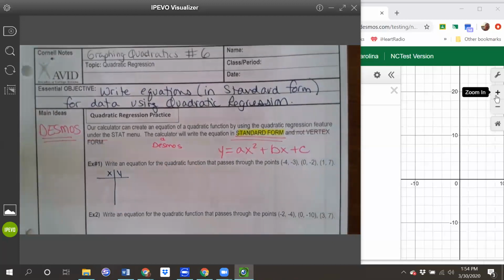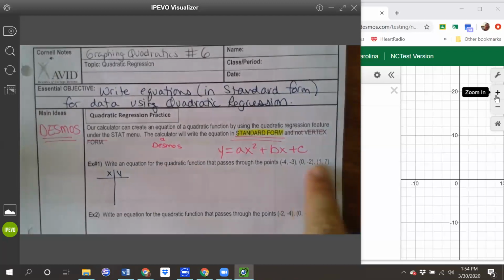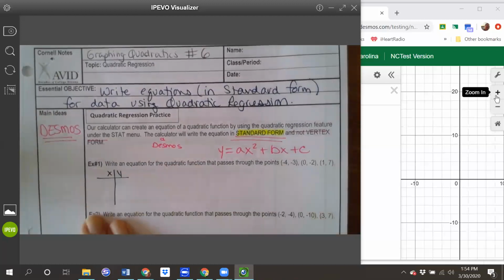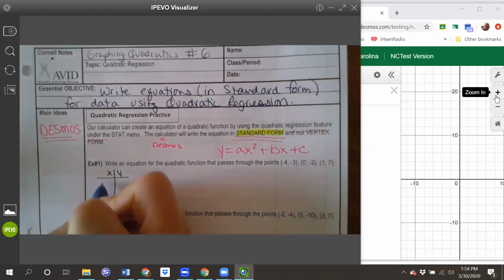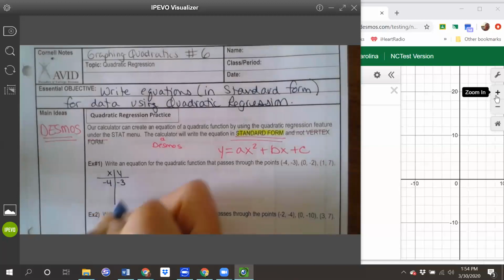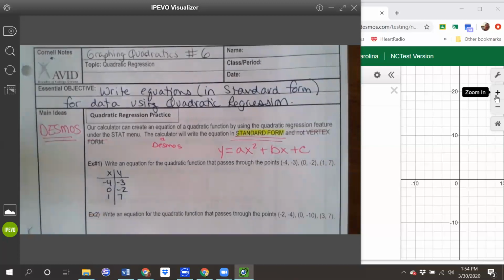Desmos uses a table of values, so instead of coordinates, I'm going to set it up in table form, and it'll be much easier to get things into the correct spot. So -4, -3, 0, -2, and 1, 7. We are going to put this information into Desmos.